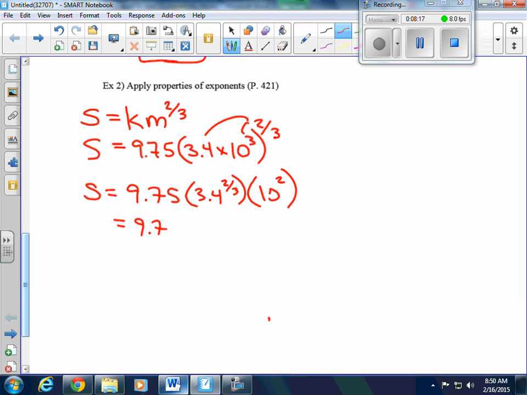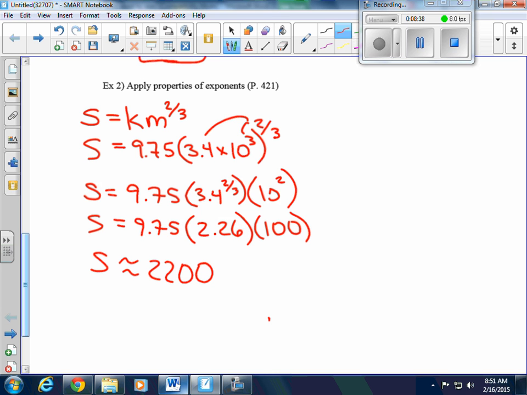So we're going to have 9.75. 3.4 to the 2/3 is approximately 2.26 times 100. 10 squared is 100. And so this is going to be approximately 2,200.